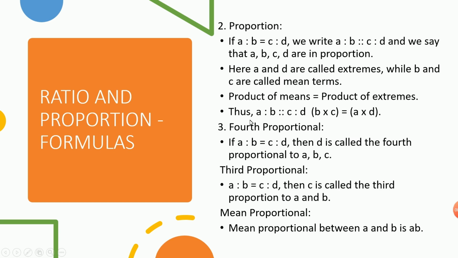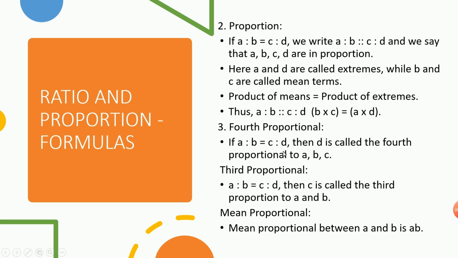Next, in proportion itself, there are other terms: fourth proportional. In this equation, D is the fourth proportional to A, B, C. Because when we write in a continuous format, it comes as A is to B is to C is to, so four terms are there. What is the fourth letter? That is the fourth proportional.